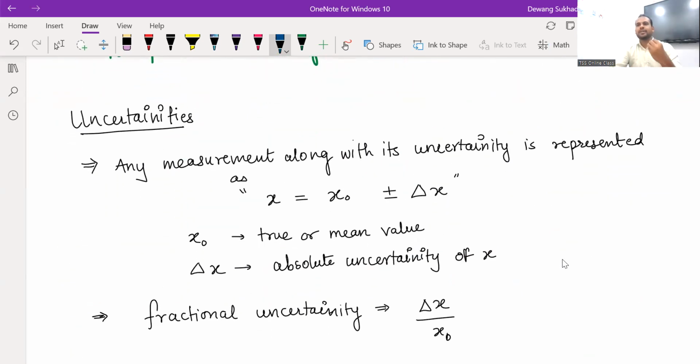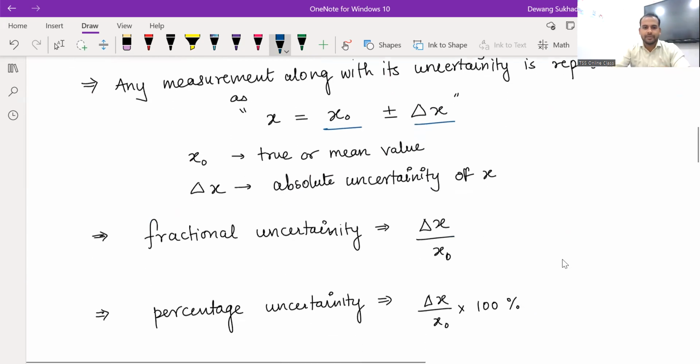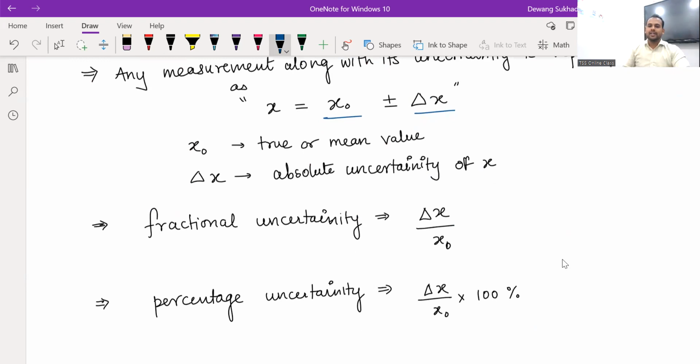Uncertainty is present in any experiment that we do, by instrument or by human error. This uncertainty is represented as follows: there is a true or mean value and then there is the uncertainty, which we call the absolute uncertainty of x. We have different forms of uncertainty, like fractional uncertainty, where we take the absolute uncertainty divided by the true or the mean value.